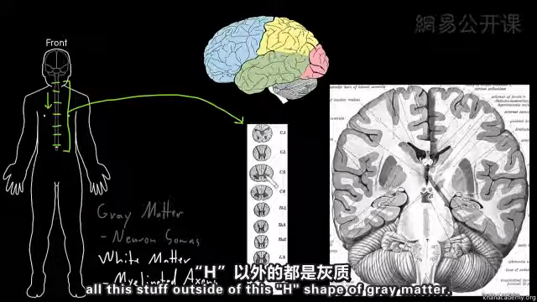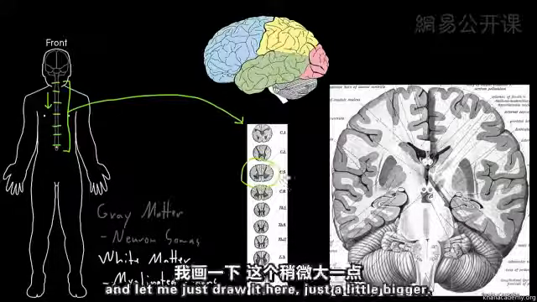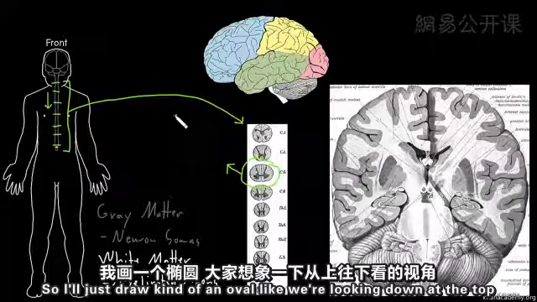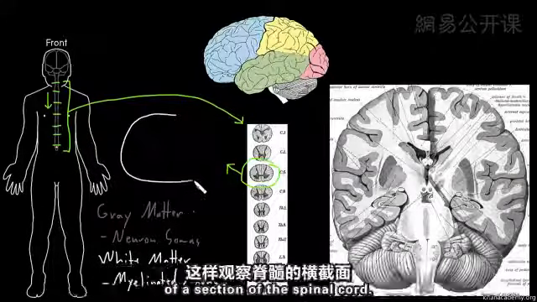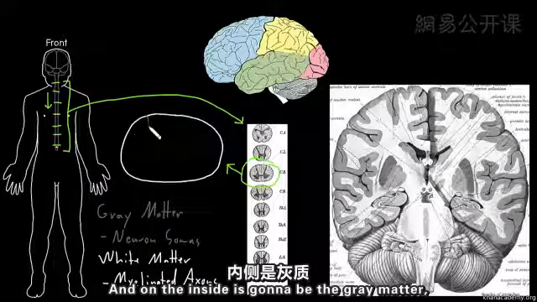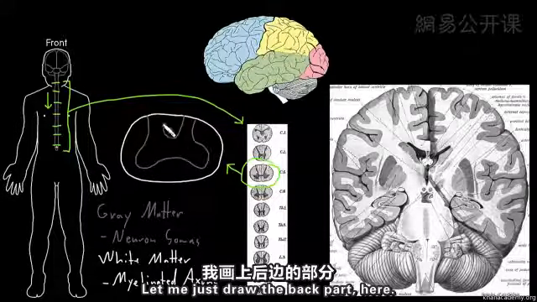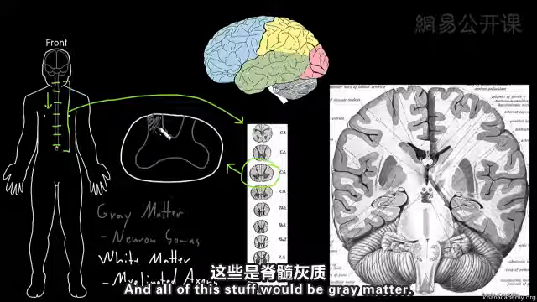And it's a little hard to see on these drawings, so let me just take this one for example, and let me just draw it here just a little bigger. So I'll just draw an oval, like we're looking down at the top of a section of the spinal cord. And on the inside is going to be the gray matter in this kind of H shape or butterfly shape. Let me just draw the back part here. And all of this stuff would be gray matter.